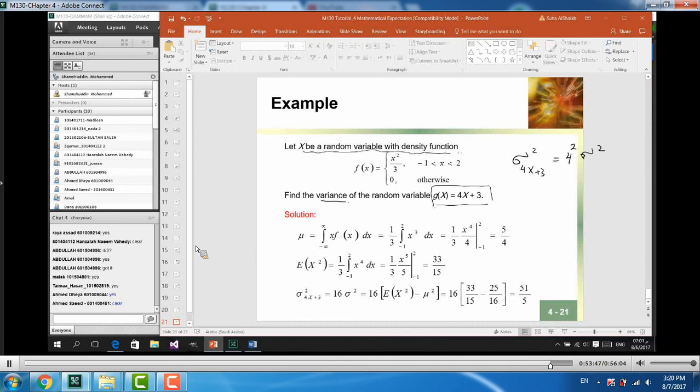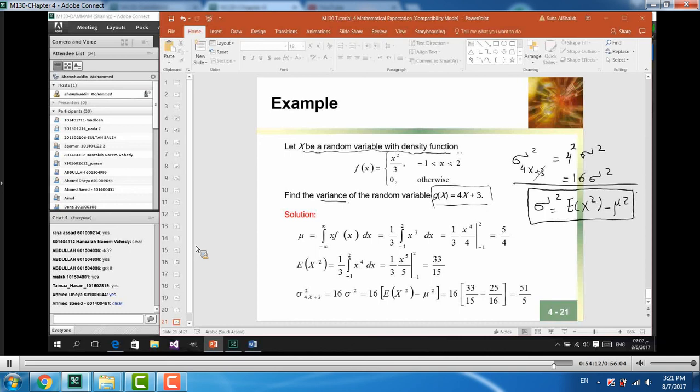Now the sigma squared, you need to find it. The sigma squared is the expectation of x squared minus mu squared. Isn't this the rule for sigma squared? We can find it. The mu is the integration of x f(x), which we did before: 1 over 3 x cubed from -1 to 2. The integration result is 5 over 4.